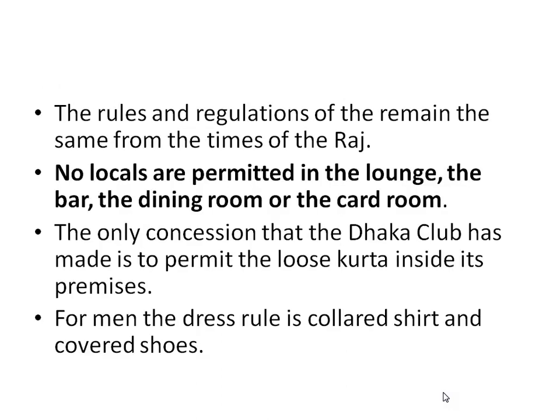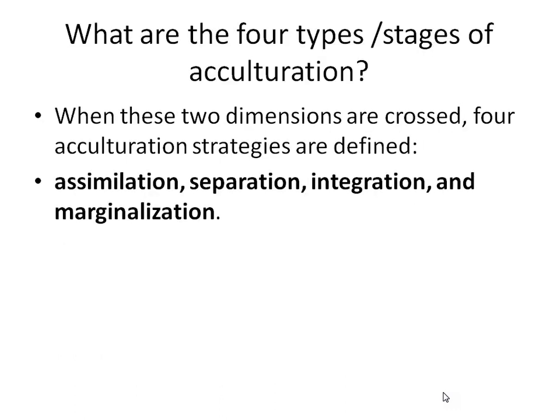There are 4 types of acculturation model. Whenever they get in contact with a new group of people, they will face different stages. According to John Schumann, there are 4 stages or types of acculturation model.